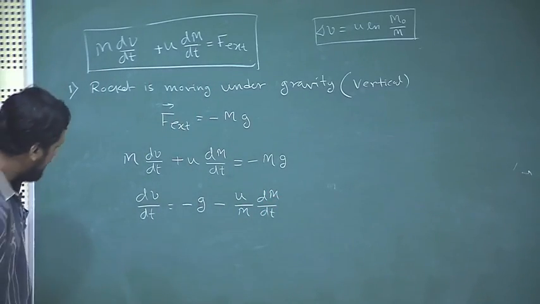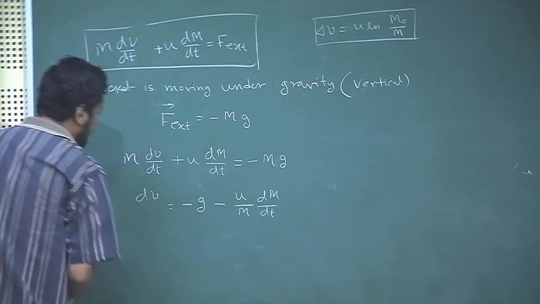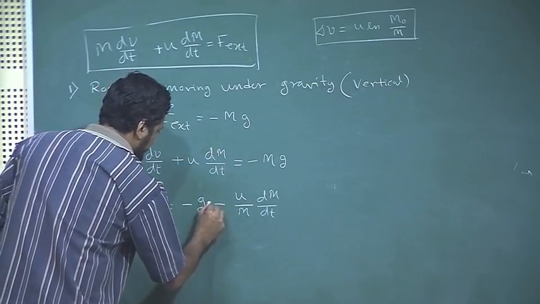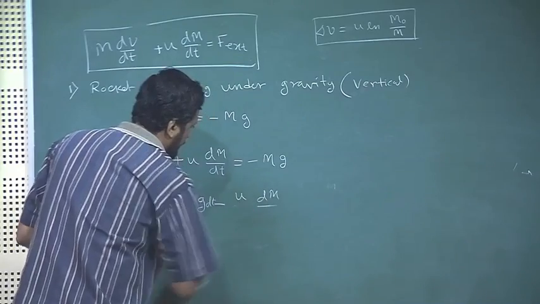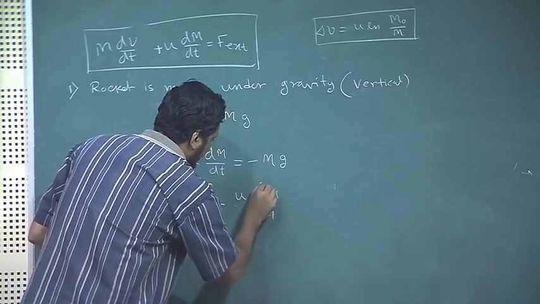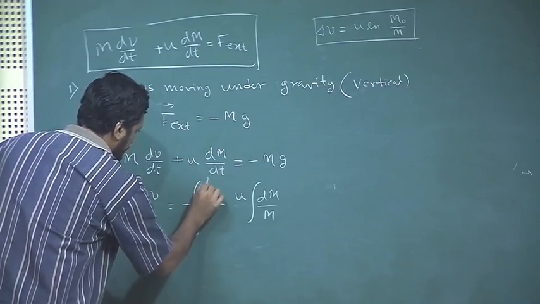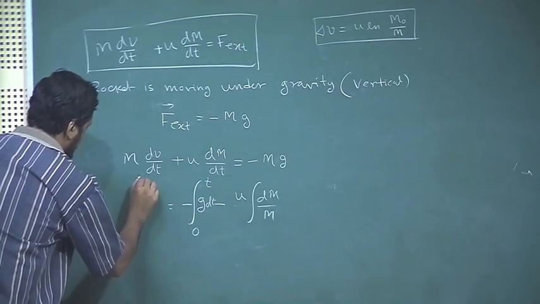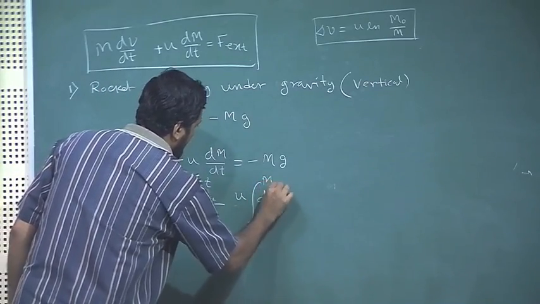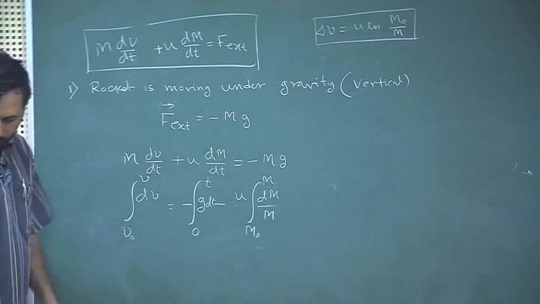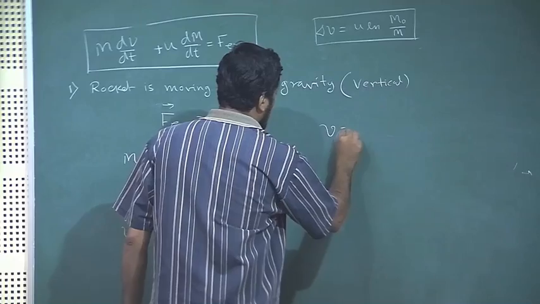Once again we take this dt here. So, this one becomes dm by M and we integrate. So, 0 to t, v0 to v, m0 to m. Okay. So, it is also another straightforward integration which will give us v equal to.